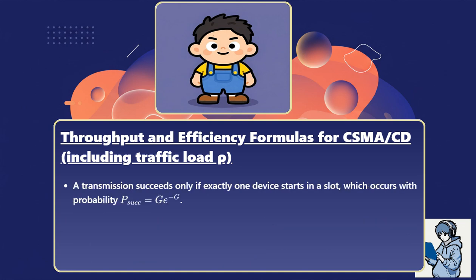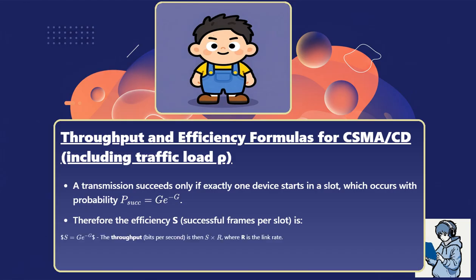A transmission succeeds only if exactly one device starts in a slot, which occurs with probability P_succ = G e^(-G). Therefore, the efficiency S, successful frames per slot, is S = G e^(-G). The throughput in bits per second is then S times R, where R is the link rate.